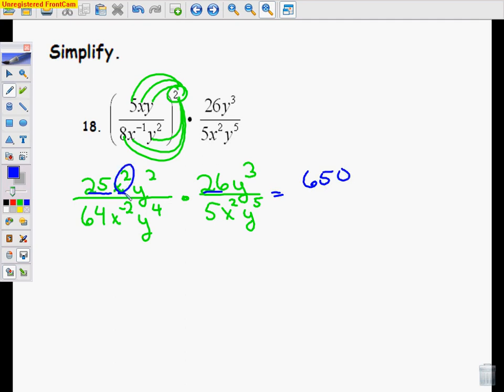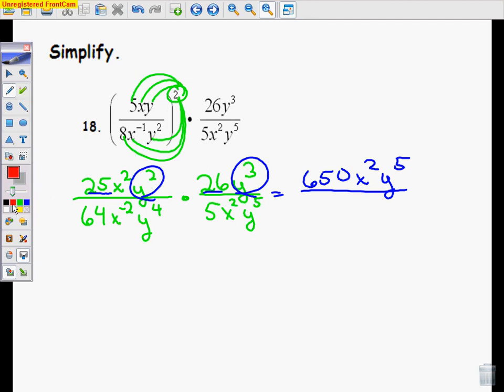X squared times, oh, well, there's no x over here, so we're just going to bring that over. That's just going to be x squared. And then y squared times y cubed. Whenever you multiply powers with the same base, you add the exponents. So that's going to be y to the fifth. All right, on the bottom, here we have 64 times 5. 64 times 5 is 320.